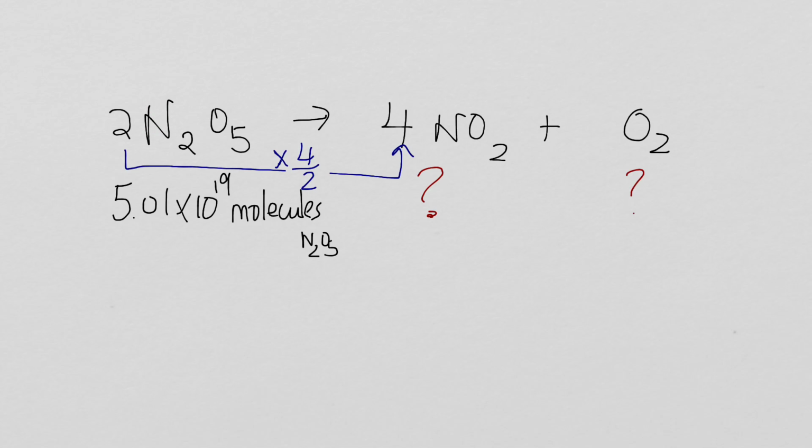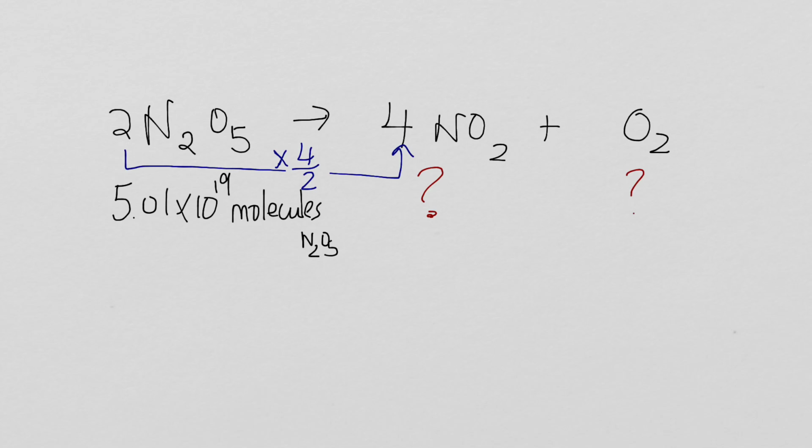So if you take the quantity you have and you multiply by a fraction, where the numerator is the quantity you want, and the denominator is the quantity you have, you end up multiplying it by 2, and you end up saying that the number of NO2 molecules I will make in this reaction is twice as much as the number of molecules of dinitrogen pentoxide that has reacted.